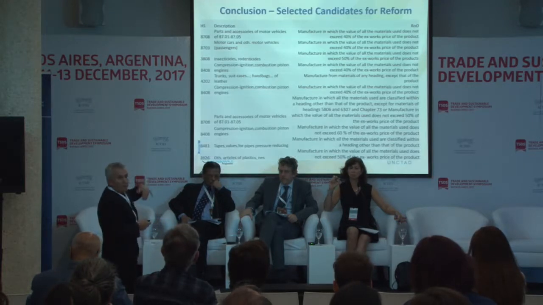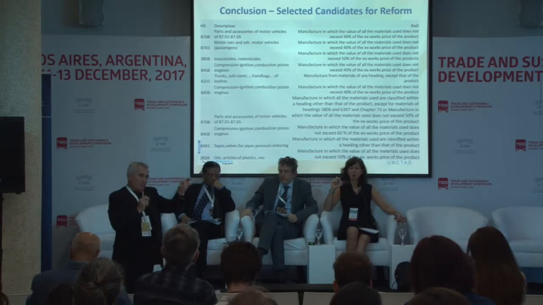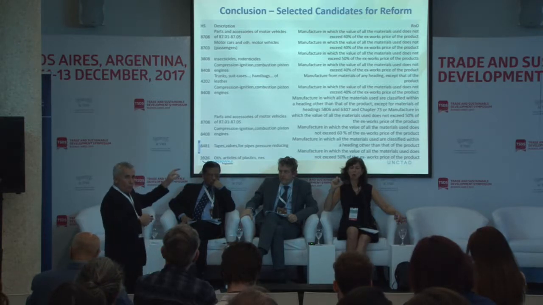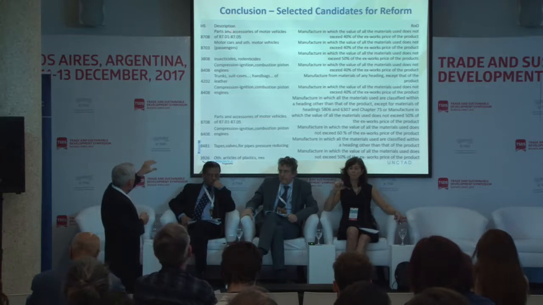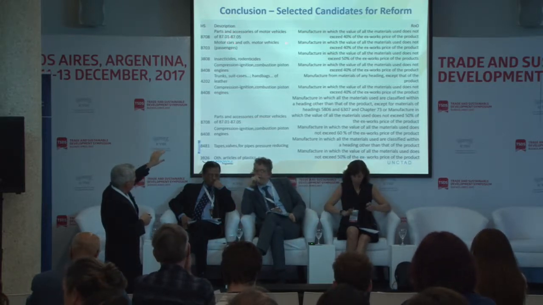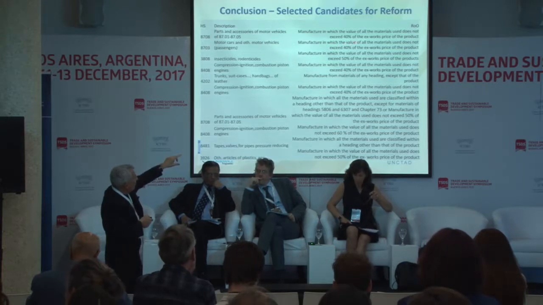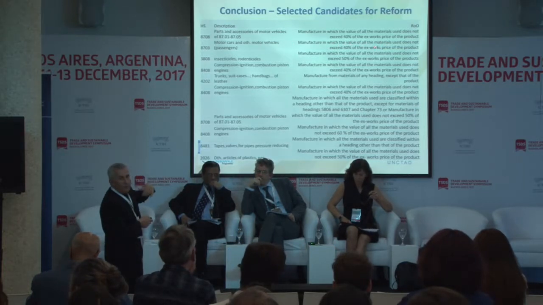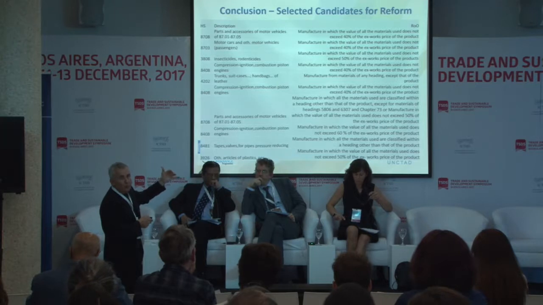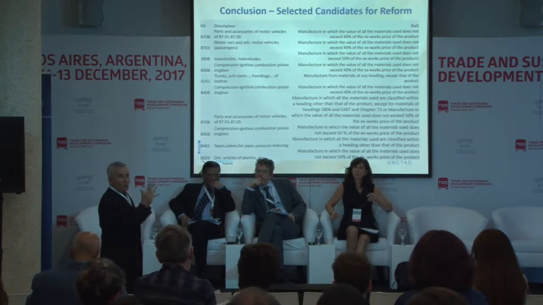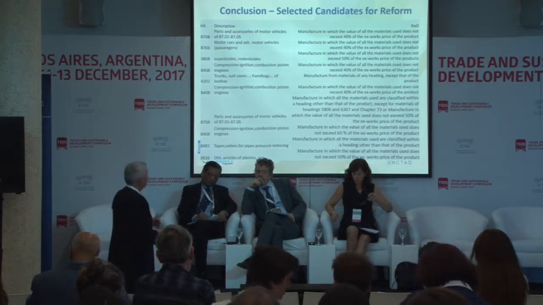And then comes the conclusion: you link the product with the rules of origin. From this analysis, you come to the conclusion that for motor cars, the rule of origin, manufactured in which the value of all non-originating material does not exceed 40%, should be changed, because most likely it is the reason why you have low utilization rates in these free trade area agreements.